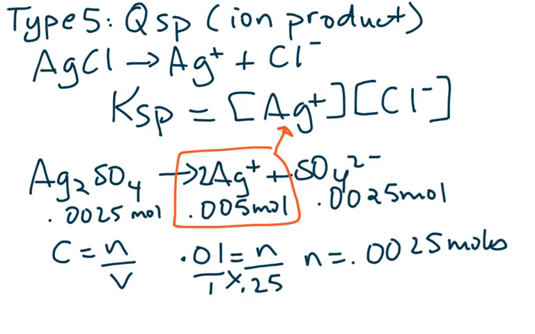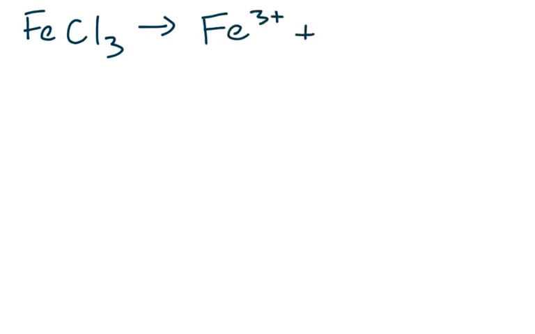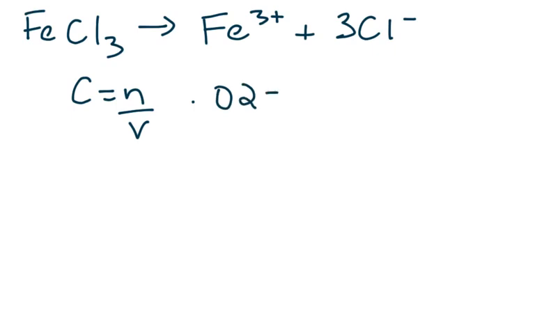Now before we can do that, we need to do the same thing with the FeCl3, which gets dissociated to Fe3+ and 3Cl-. So again, we're going to use C equals n over V. This time it's a 0.02 molar concentration, we're trying to find n, and V comes from 0.25 liters because we had 250 milliliters.